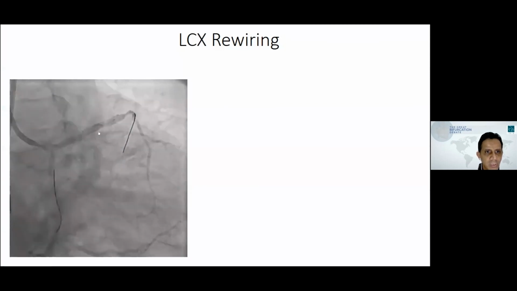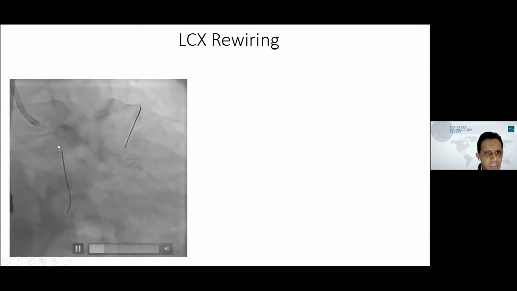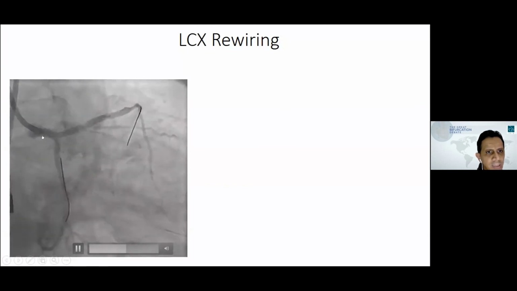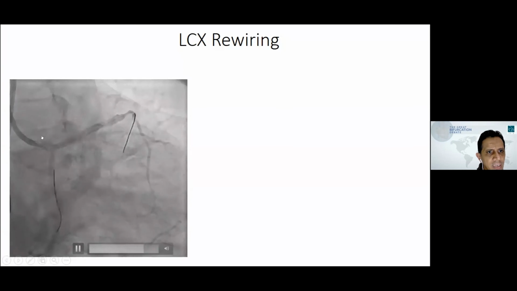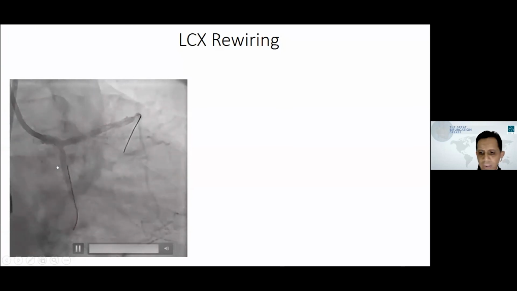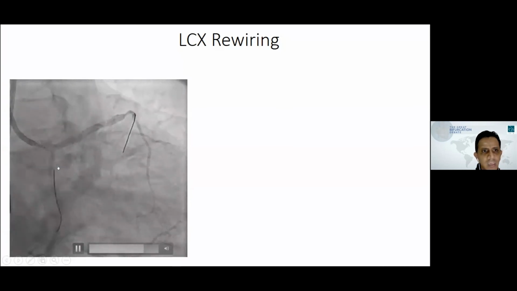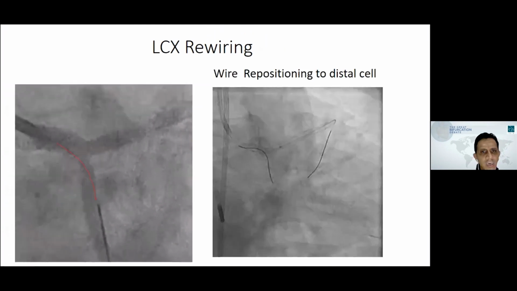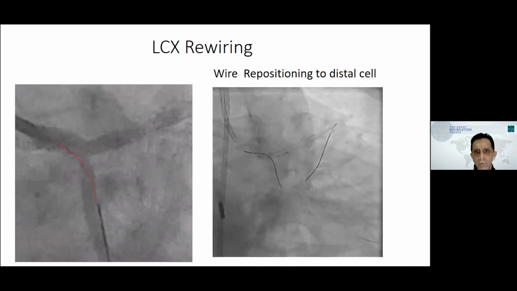But as you can identify here, when we recrossed, the wire went to the proximal part. That's why we repositioned to distal.